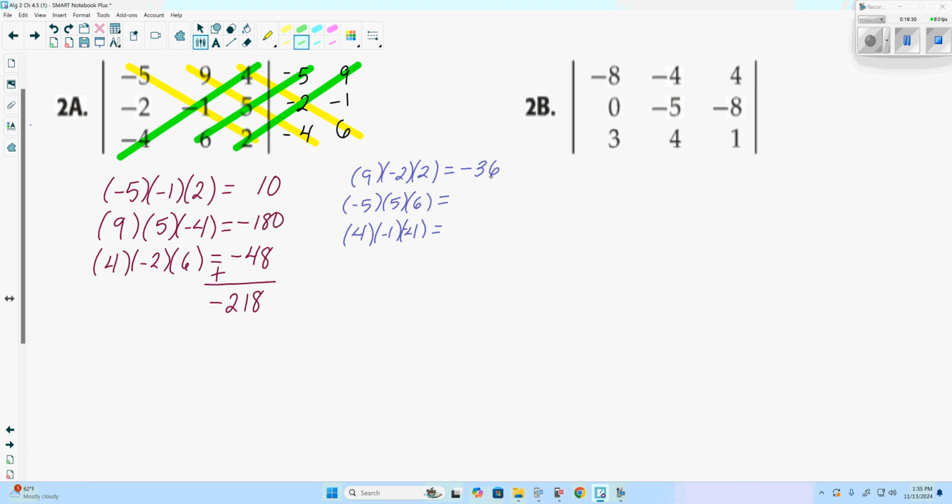-5 times 5 times 6 is going to be -150. 4 times -1 times -4 is 16. And again, just like before, we're going to add all these together. -170.